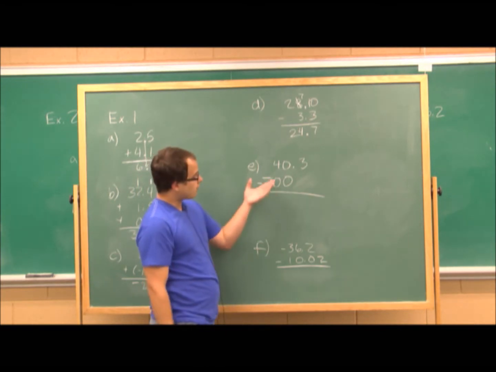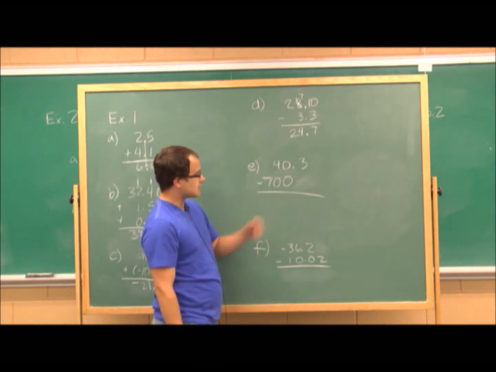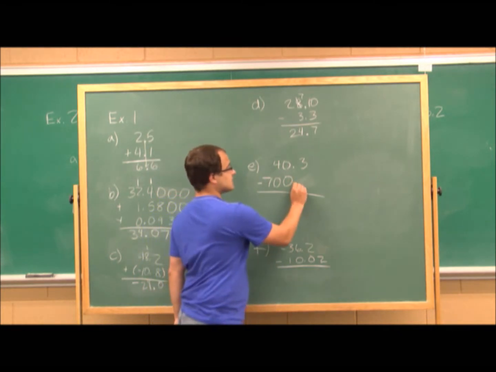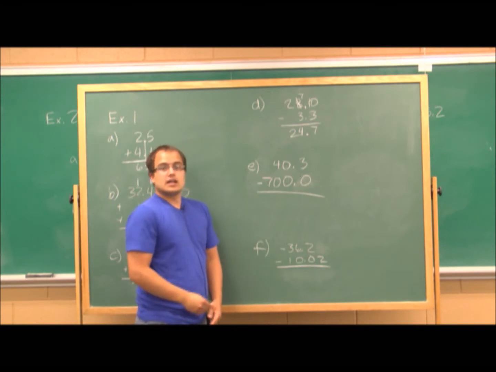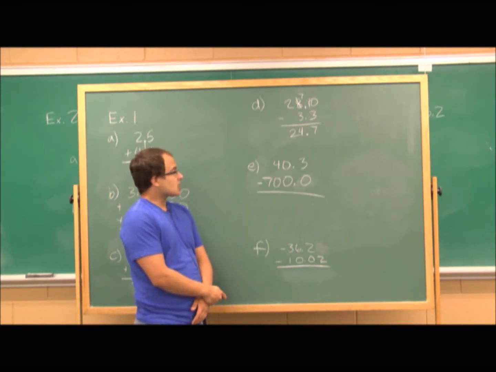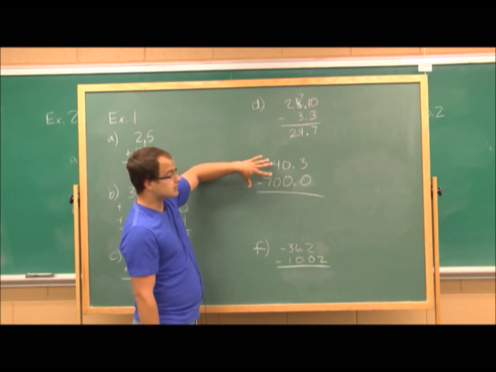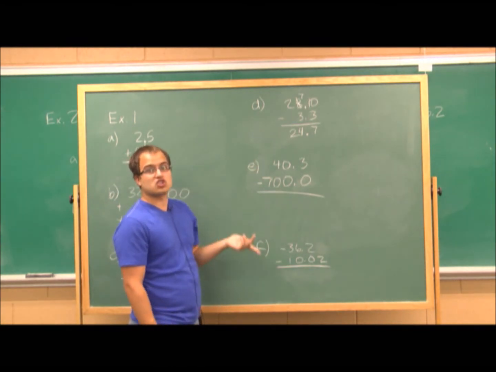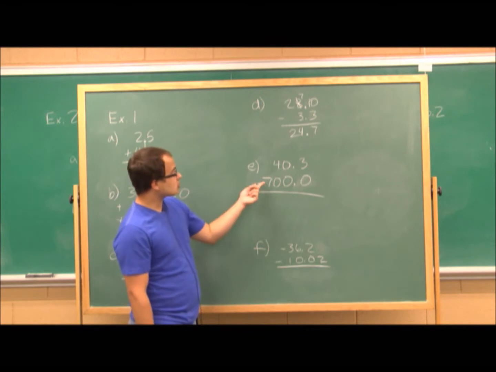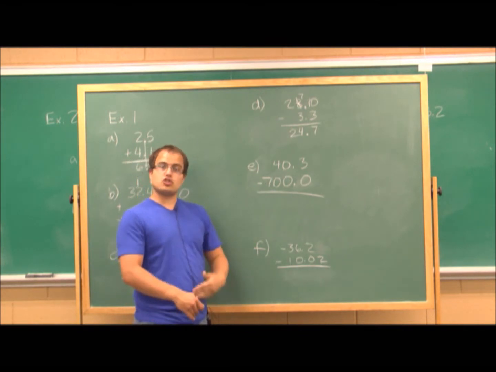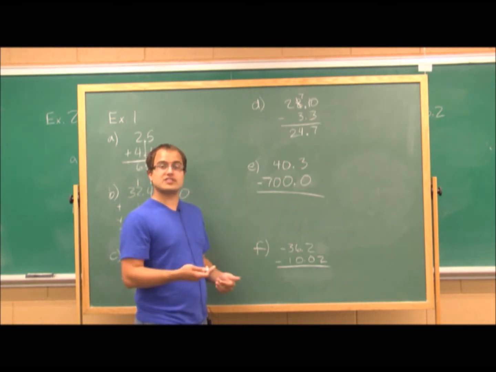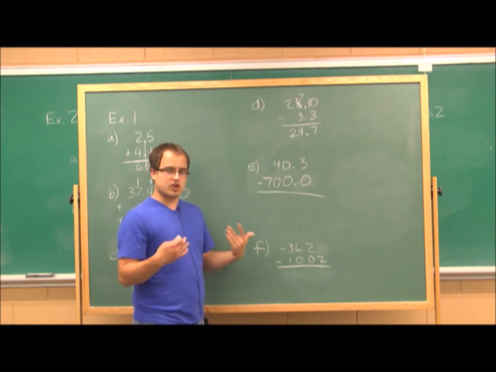E, we have 40.3 minus 700. I'm going to add a trailing 0 after 700, so they have the same number of decimal places. Now, our rules for addition and subtraction state that if they have different signs, you subtract them and keep the sign of the larger number. Well, the larger number is 700. So when I do subtraction, because they do have different signs, I like to write the larger number on top.